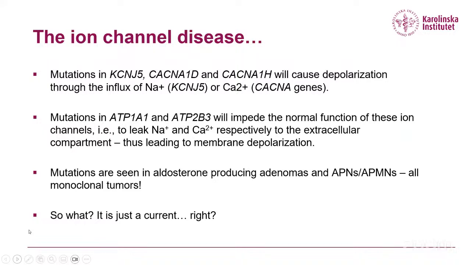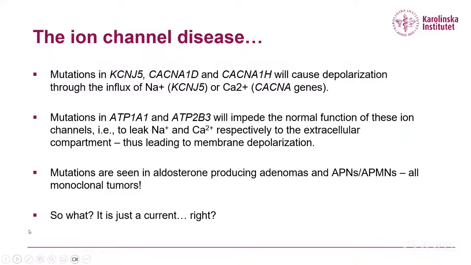So I told you previously, this is an ion channel disease. There are mutations in various ion channels at the level of the membrane in the zona glomerulosa cells that will cause depolarization and will cause either influx of sodium or calcium through the ion channels, which will then lead to depolarization and hormone production.